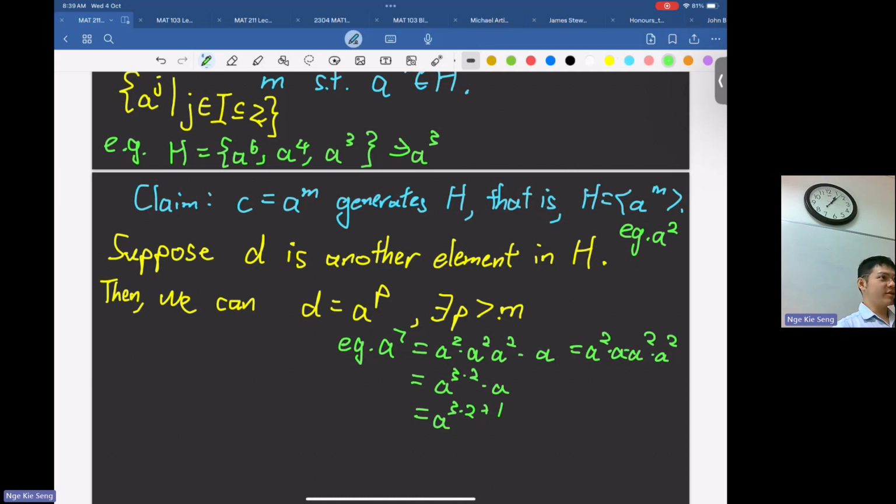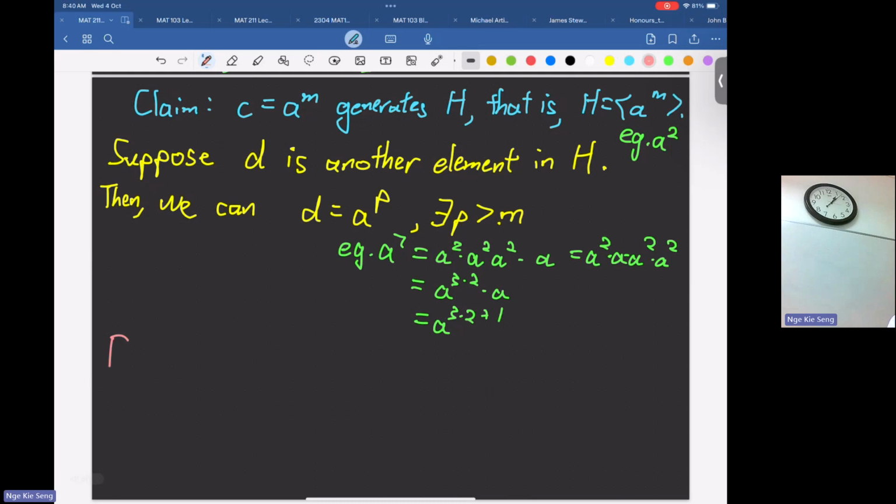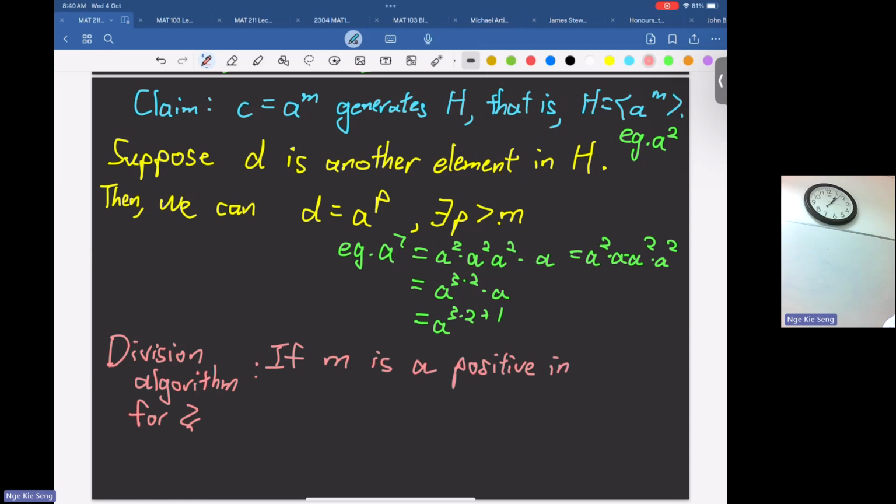This is the primary school stuff. Division. 7 divided by 2. Let me recall the division algorithm. This is the first thing you learn in division. 1 is the remainder. So let me write it down. If m is a positive integer and n is any integer, you have a number you want to divide by m.